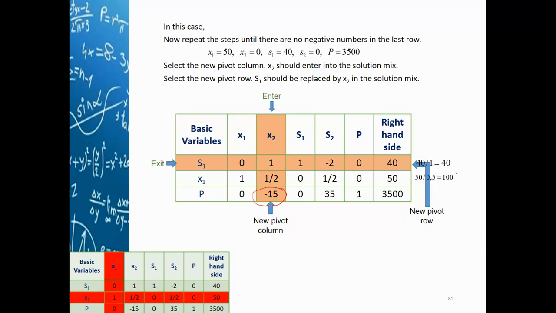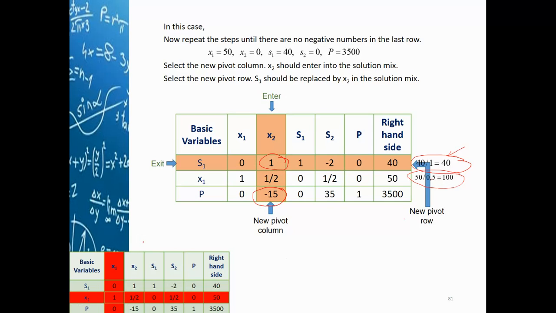You find your values over here first, and once you get all the values, you divide your right hand side with the pivot column's element that corresponds to it. Then you identify the smaller value, from 40 over 40 versus 100. 40 is the smallest value, so you identify that one as the element you want to consider.